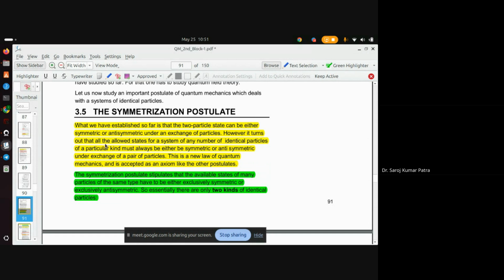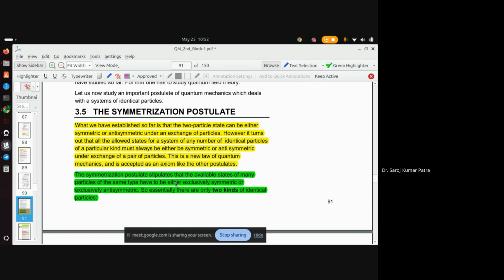However, it turns out that all allowed states of a system of any number of identical particles of a particular kind must always be either symmetric or antisymmetric under exchange of a pair of particles. Suppose we have two electrons or two quantum particles and we discuss them under the indistinguishability concept. The whole system can be expressed in a symmetric state or in an antisymmetric state. Since they are identical, indistinguishable particles, it will be either a plus combination or a minus combination.